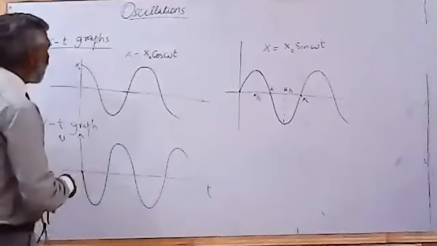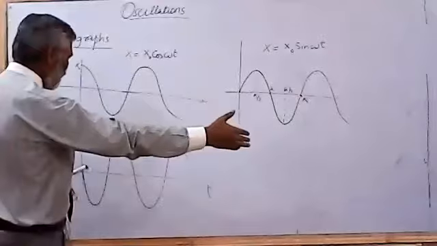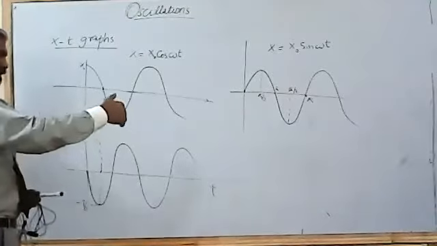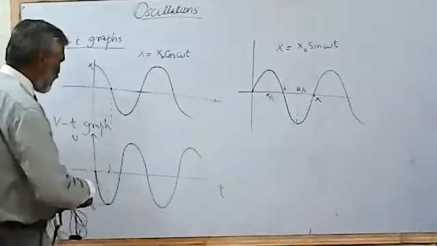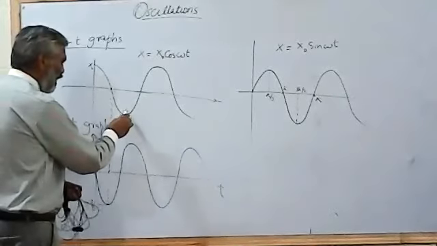But when it is at the positive x side, when the object having passed through the mean position goes to the other extreme, it has the large value.